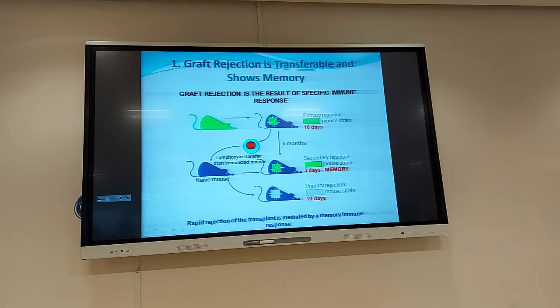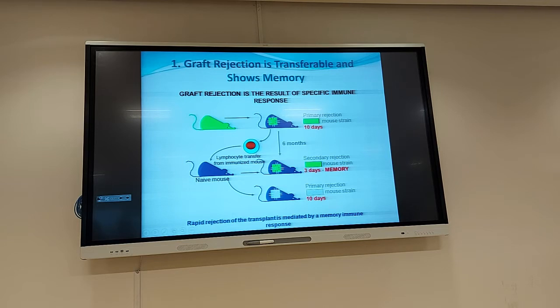The other clue was that in this original purple mouse that received the green skin and rejected it, if they let that mouse rest for 6 months or so and then repeated the experiment, grafting the green skin onto that original mouse, instead of rejection happening after 10 days like in the first experiment, now this mouse rejects it after 3 days.